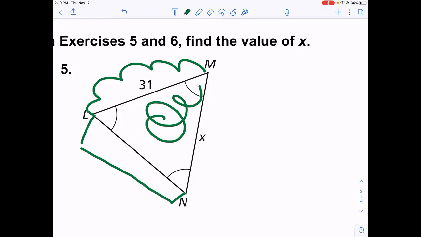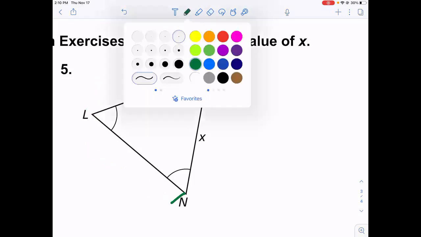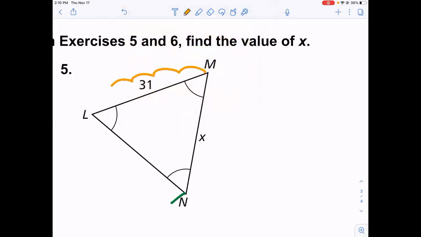It looks like all 3 angles are congruent. Yeah, I made it into a pie. It's pumpkin pie. Jonah, if all 3 angles are congruent and this side is 31, what is it?